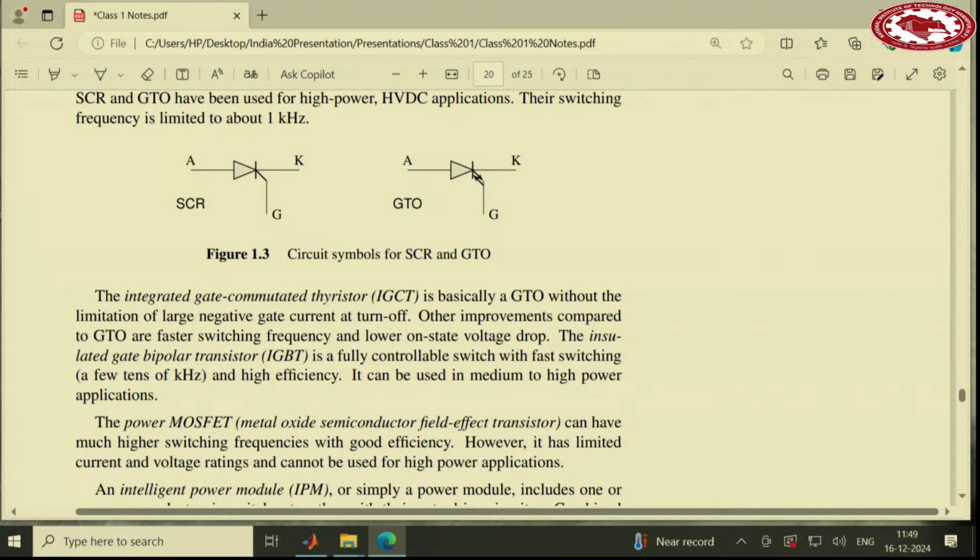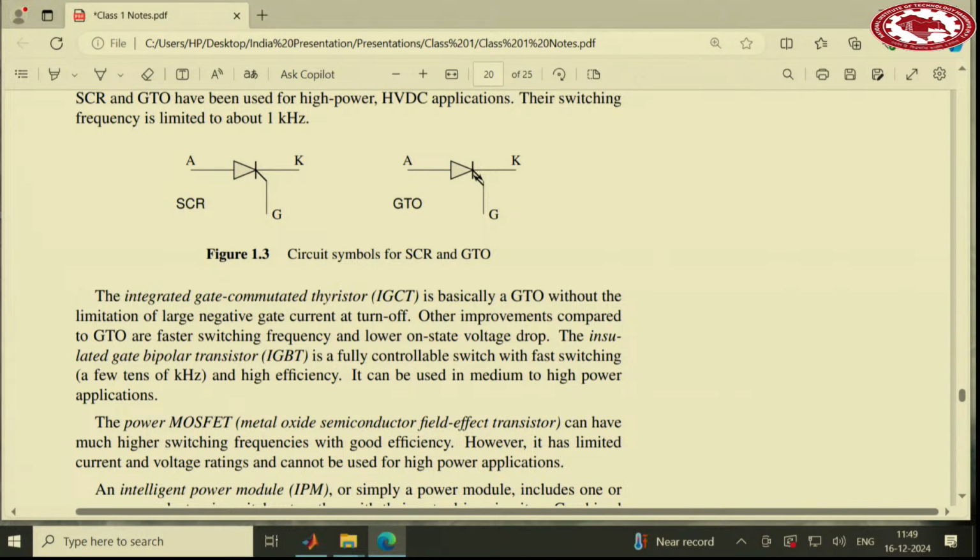The most common one among the switches that we have currently is IGBT, insulated gate bipolar transistor, fully controllable, turn on and off, with relatively high switching frequencies. In good high-frequency IGBTs, we can approach close to 100 kilohertz.